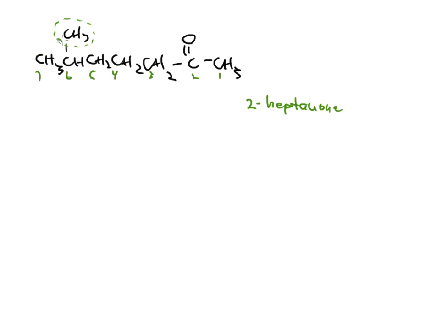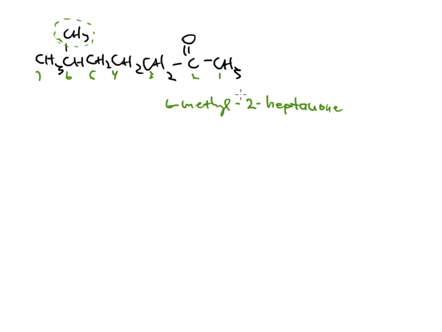That is a substituent hanging off. That substituent is a methyl group. It's a 1-carbon piece, and that methyl group is hanging off of carbon number 6. So this is 6-methyl-2-heptanone. Folks, that is the name of that structure according to IUPAC.